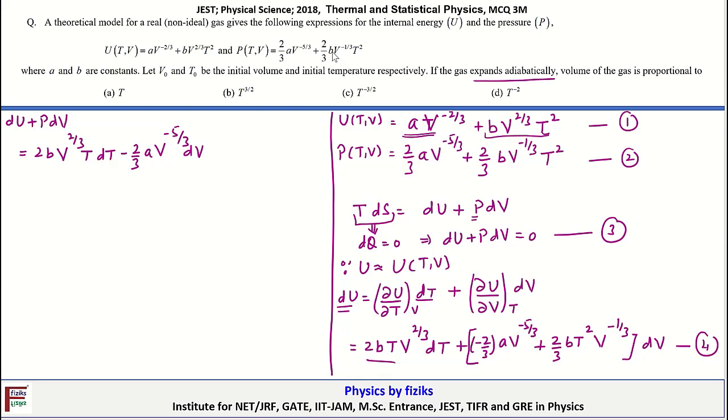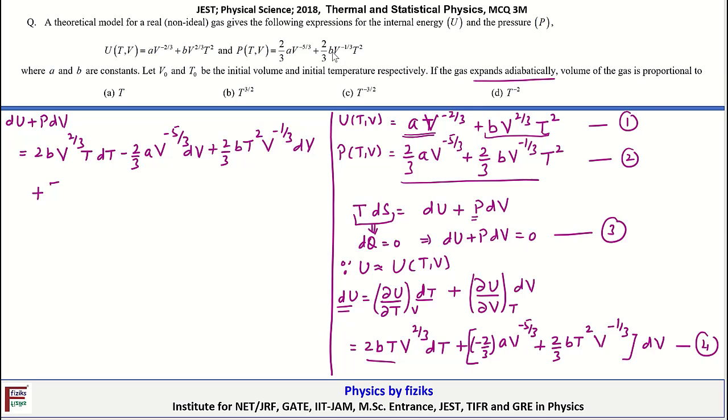So I'm separating the terms, and then the second term, which is plus 2 by 3 b t square v power minus 1 by 3 dv. So this is du, the value of du we have substituted. Now plus pdv, what is the value of p? It's this equation, p multiplied by dv.